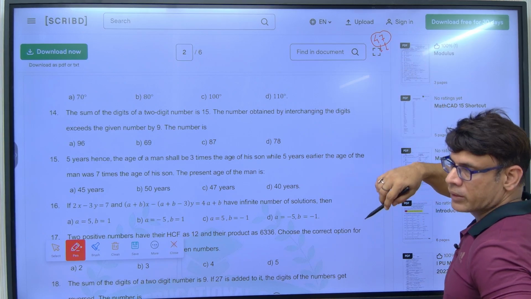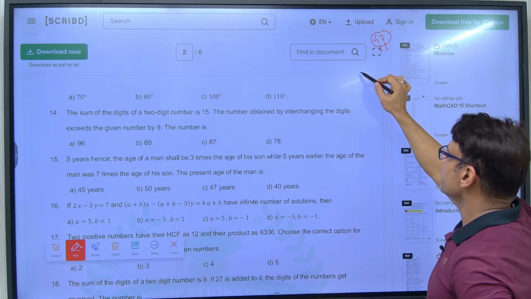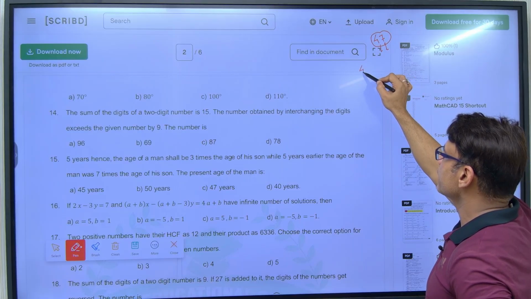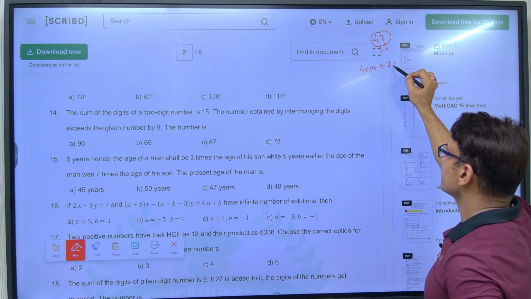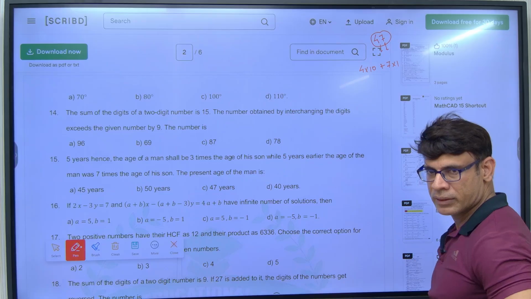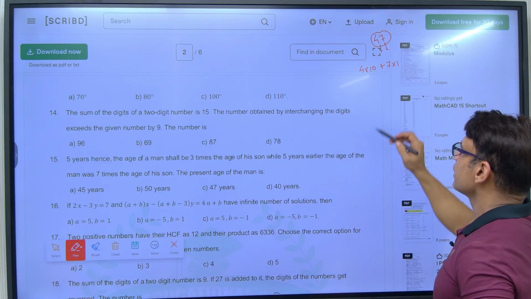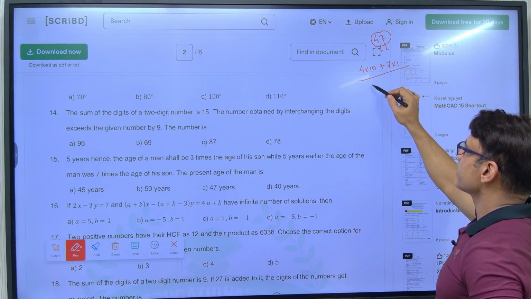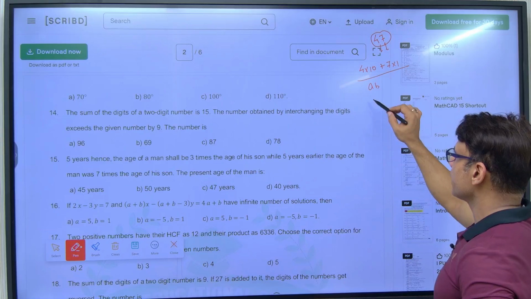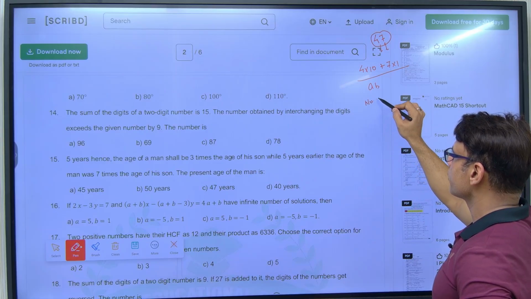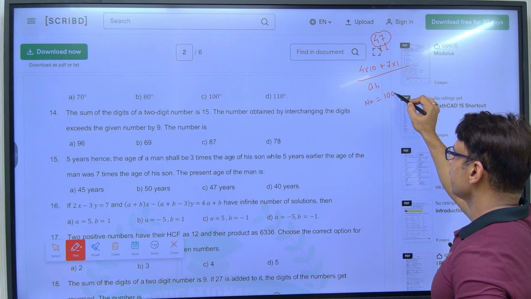So if I have to write this number by using its place values, we can write it as 4 into 10 plus 7 into 1. This is how we write a 2-digit number, right? Instead of 47, if I have AB, how do we write this number? The number will be 10A plus B.